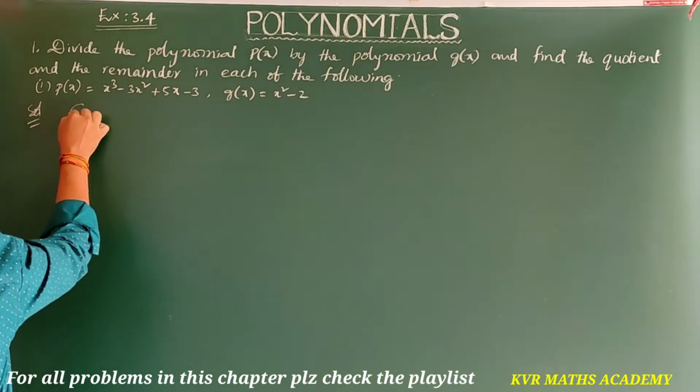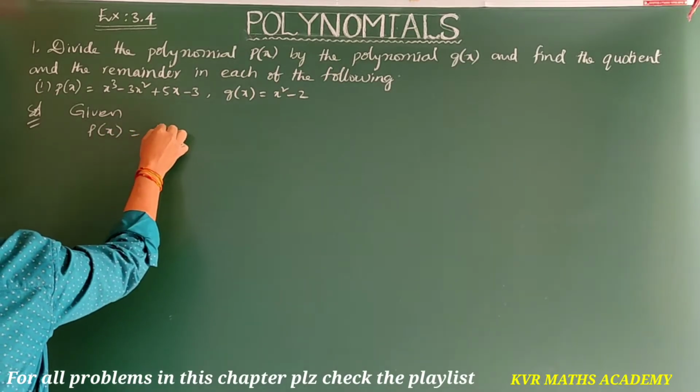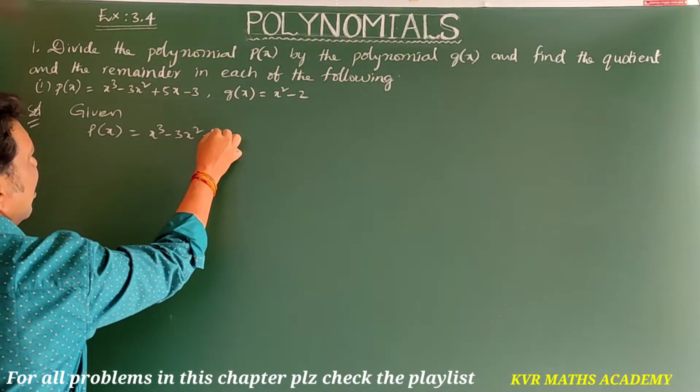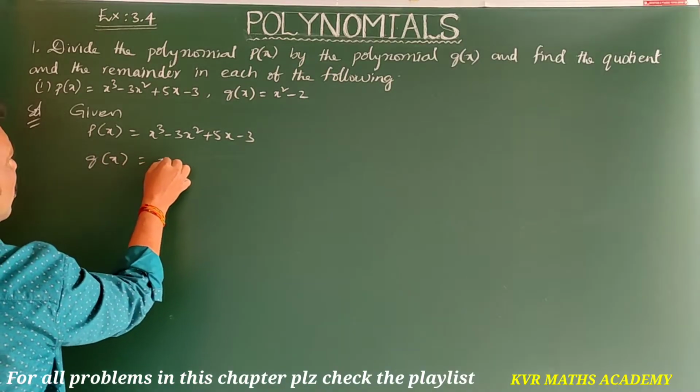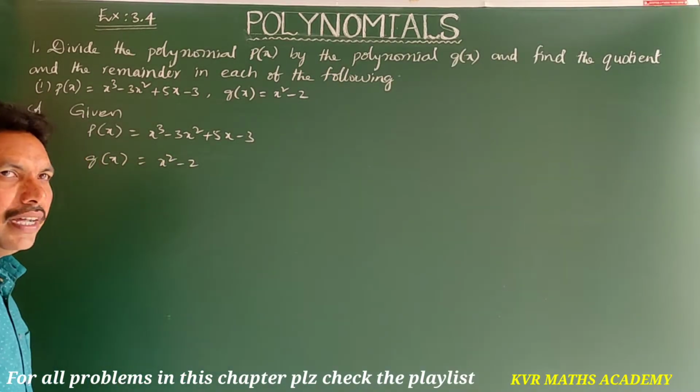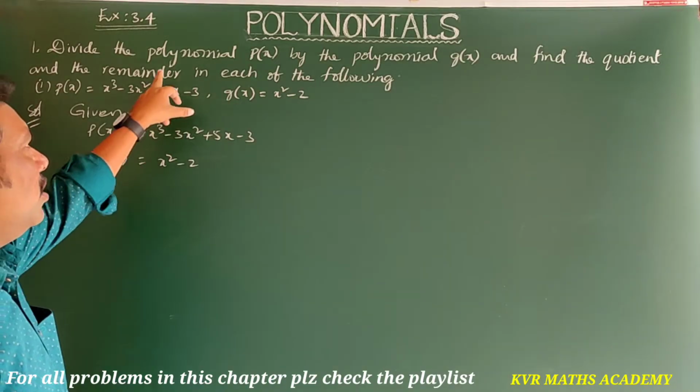Solution. Given p of x is equal to x cube minus 3x square plus 5x minus 3 and g of x is equal to x square minus 2. We have to divide p of x by g of x.